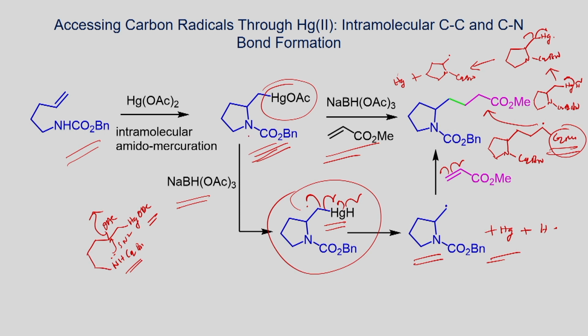Once you form this one, when you react with sodium borohydride salt, it can convert into this radical. Once you have the radical, that can lead to addition reaction with alkenes to give the radical. That radical again can react here. In this way, you will be able to form valuable cyclic compounds.